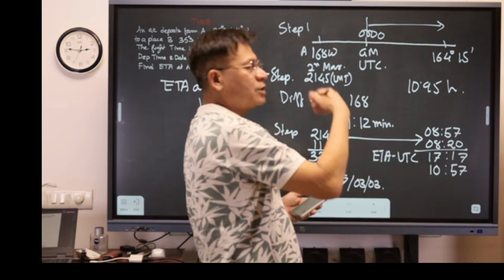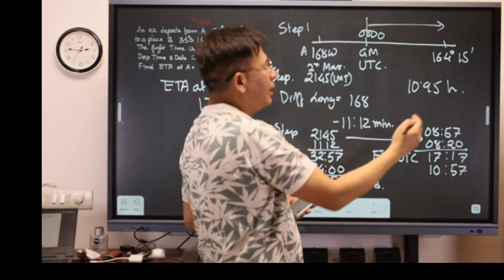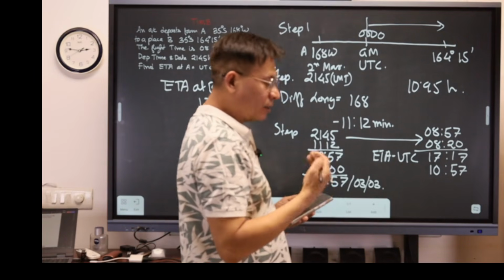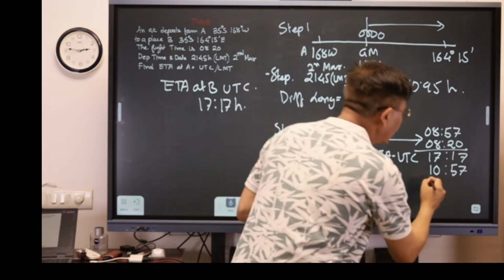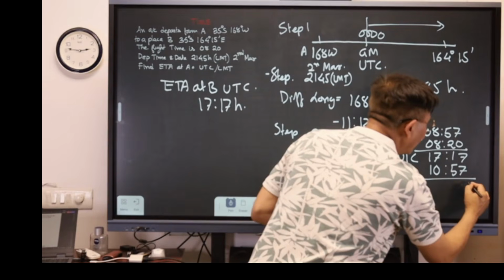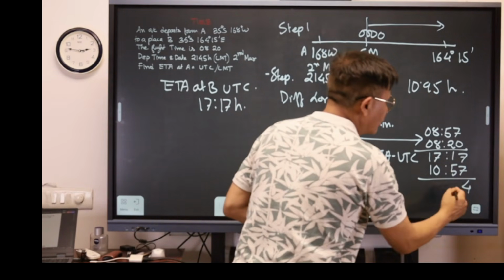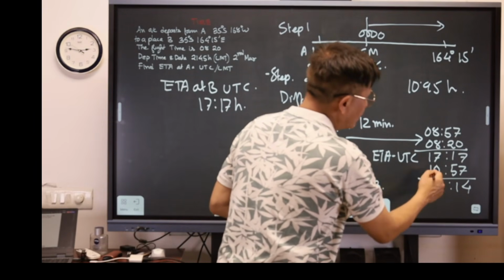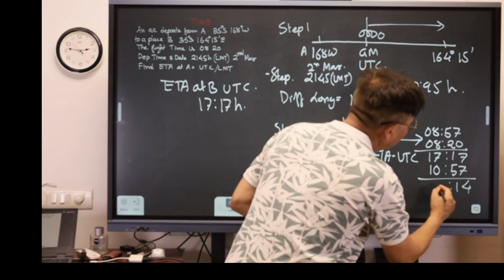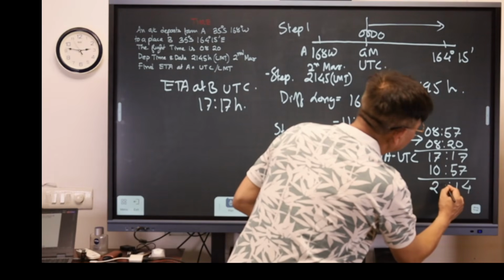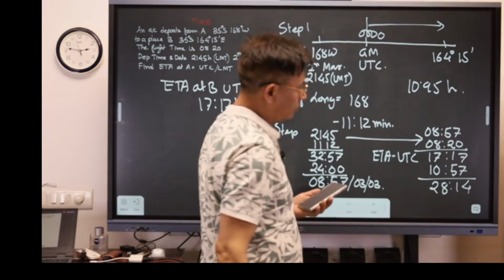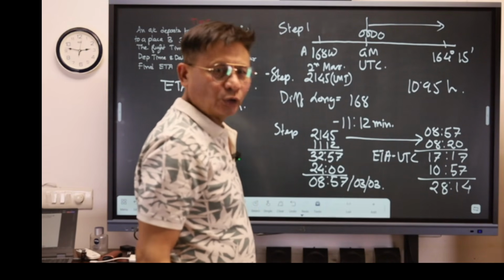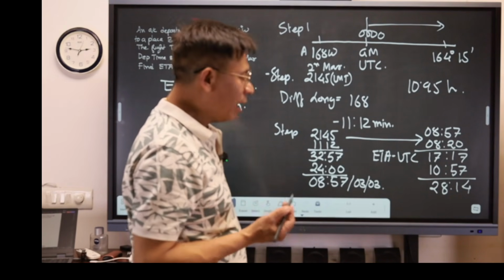Since this place Bravo is in the east of the Greenwich meridian, the time will be ahead. So I need to add this much. So 7 plus 7 is 14, 1 in hand, 5, 6, 7, 1 in hand, 17, 28. So this is 2814 hours.